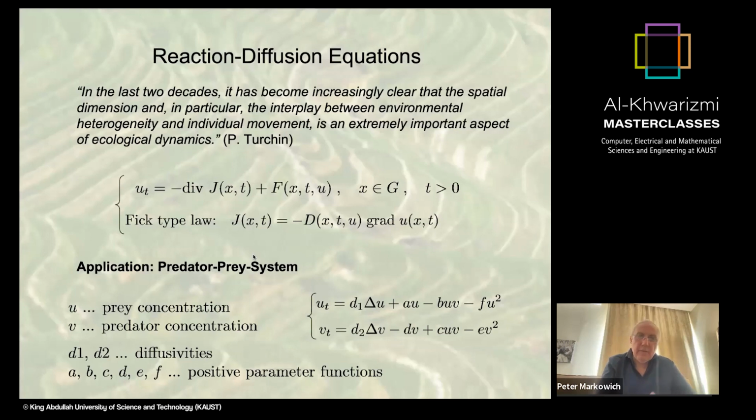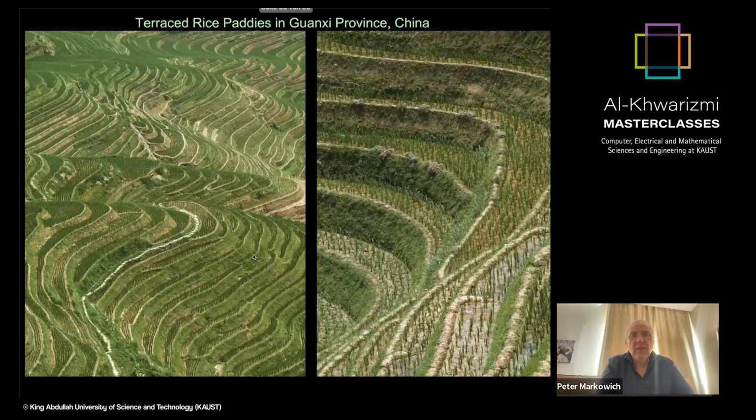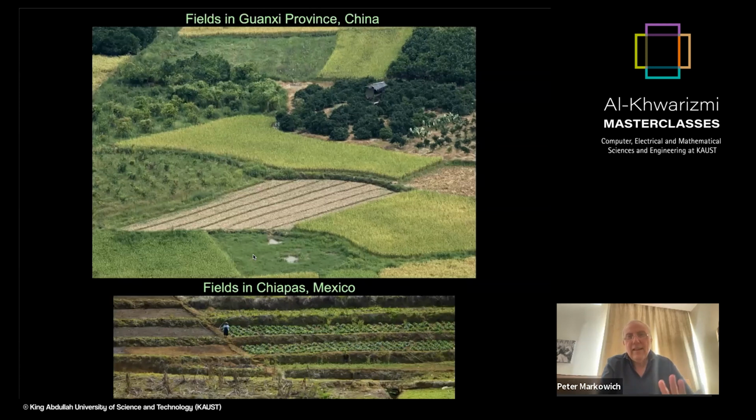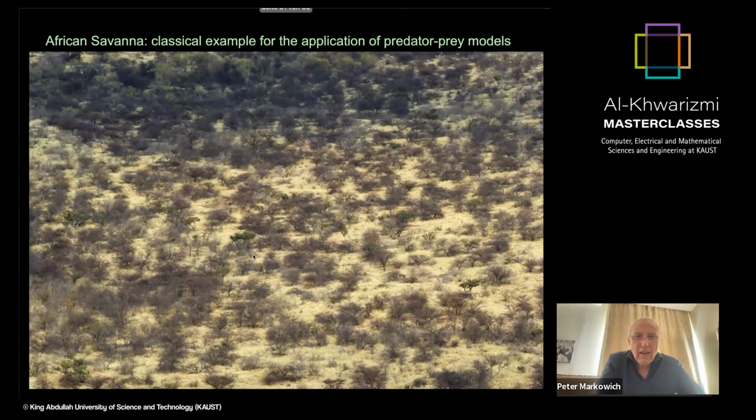and here are some pictures which illustrate reaction diffusion equations. What you see here is rice paddies, and I have no time to go into explaining why this is a reaction diffusion equation, but believe me. If you want to model the African savanna, for example, again, predator-prey models.